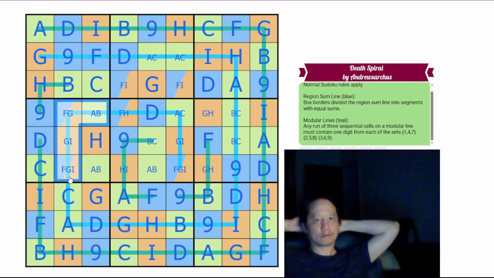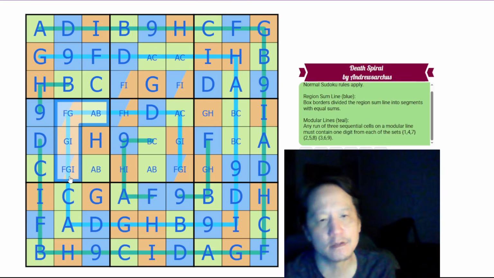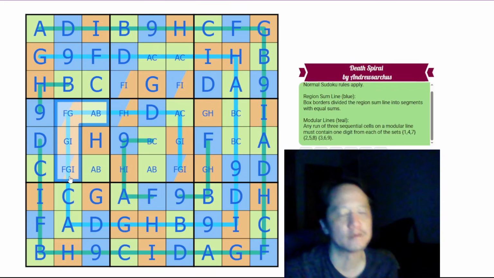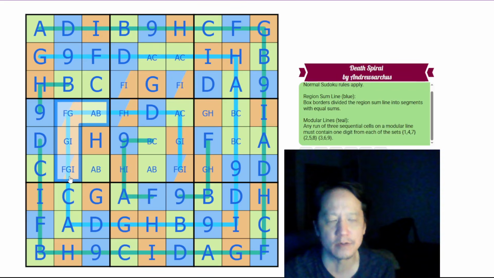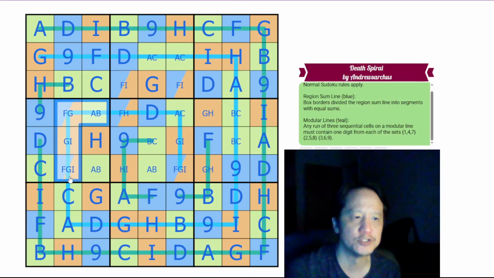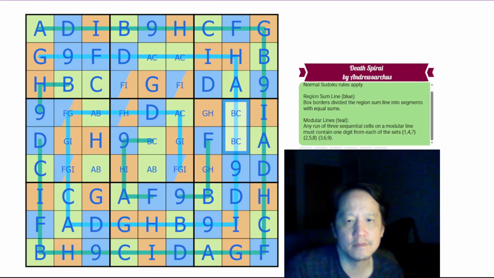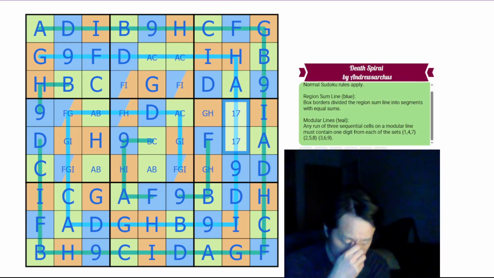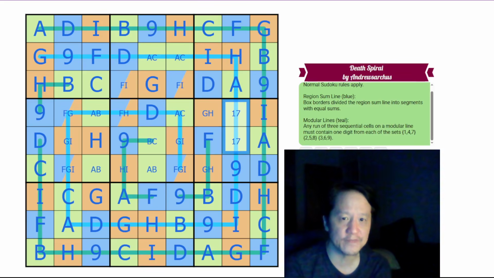Okay, so if B and C add up to 8, they must be 1 and 7 because they are not the correct modular of the sum. So if they add up to 8, it's 1 and 7. If they add up to 7, it has to be 2 and 5 here.